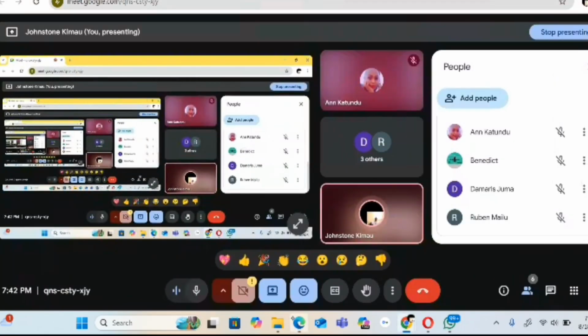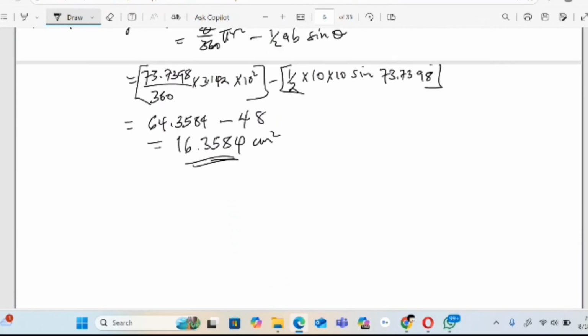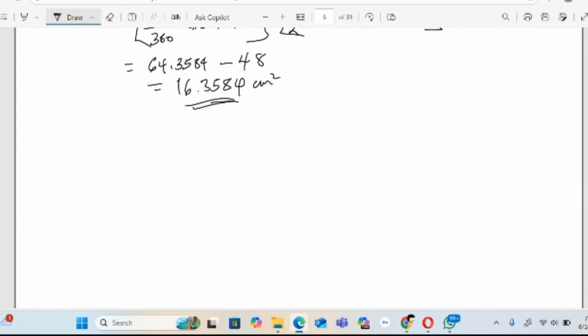This is what we call the area of intersecting circles.